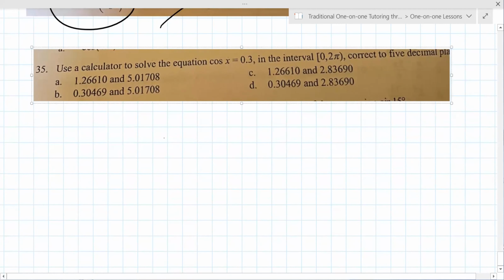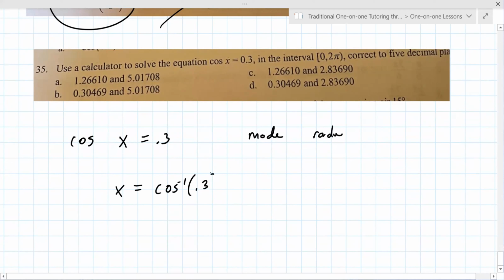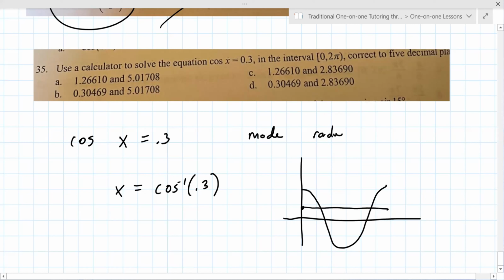If you say cosine x equals 0.3, and you have your mode in radians, and you say x is the cosine inverse of 0.3, my guess is you're going to get either 1.2661 or 0.304, and then you have to find the other one. So that's not a good strategy. The better strategy is to graph cosine. It goes down and it comes back up, and here's 0.3, and see how it hits it twice. You can find each of those values.